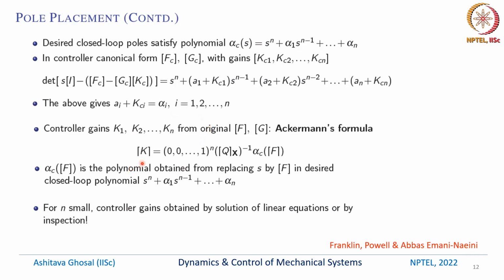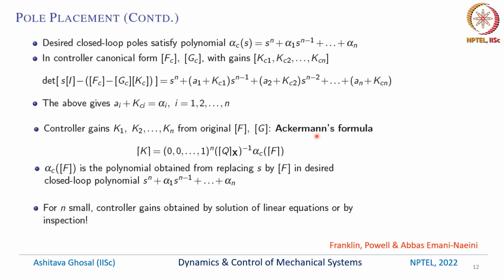You can find K, the gains, from this expression, which is 0 0 all the way till 1, like a column vector with the last element as 1, times Qx inverse, and then alpha c of F. What is alpha c of F?